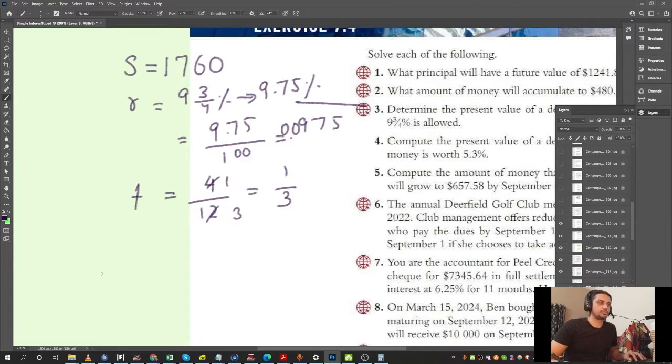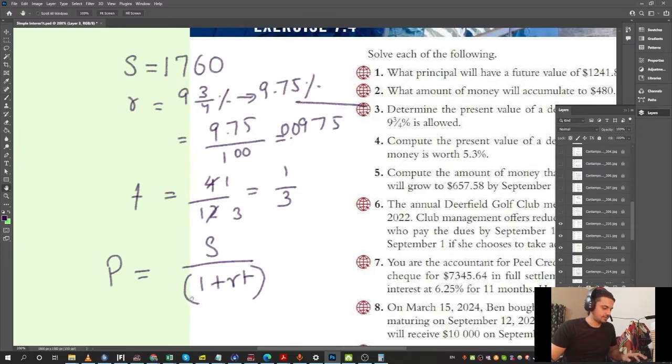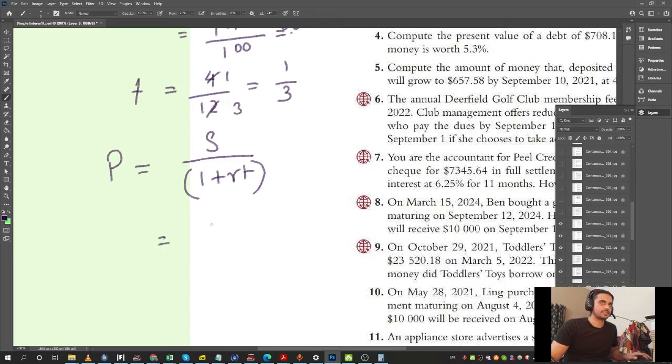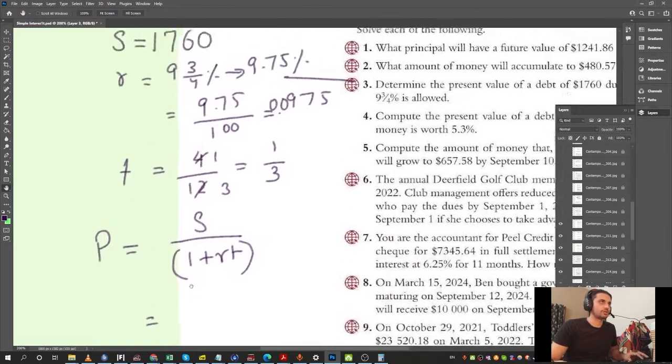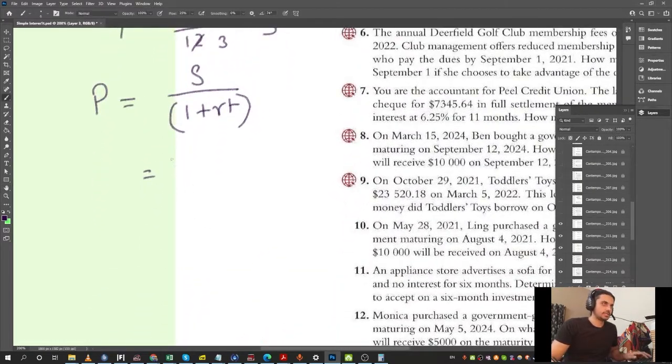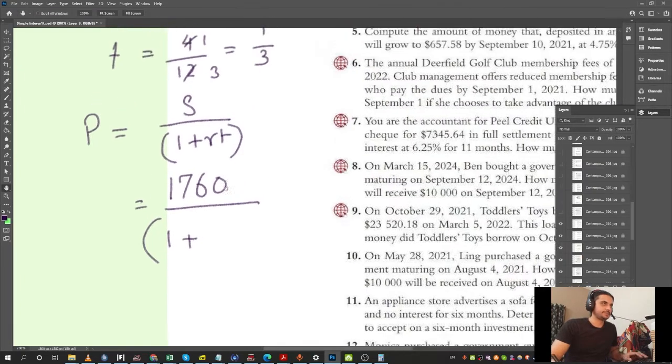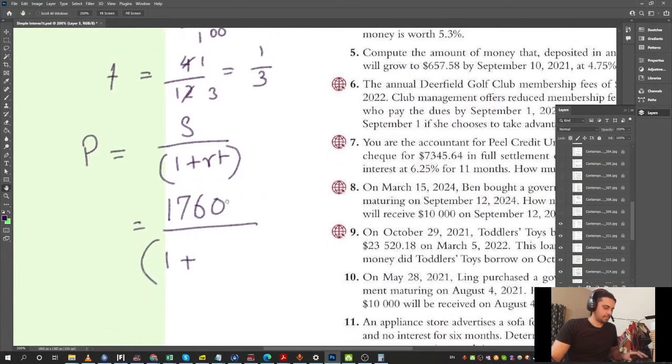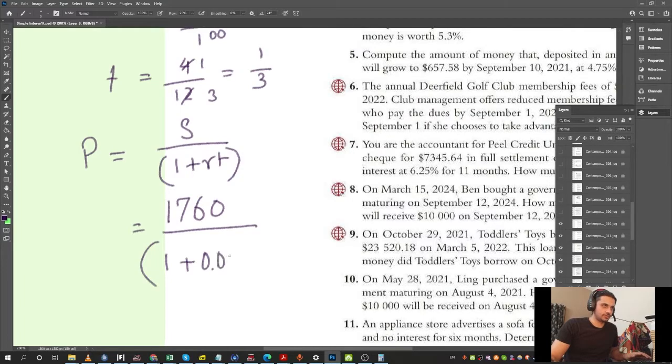And now all we have to do is just plug in the principal or present value formula, which is S over 1 plus RT, and the value of S is 1760, as we saw earlier. So 1760 divided by 1 plus RT, 0.0975 times 1 over 3, right?